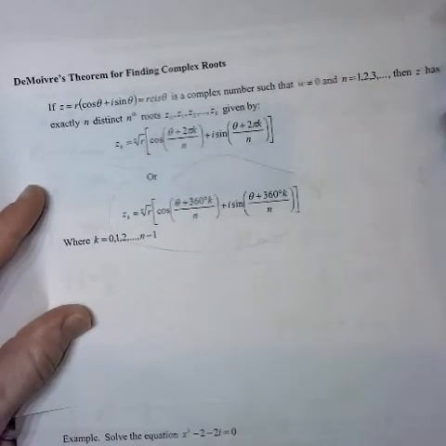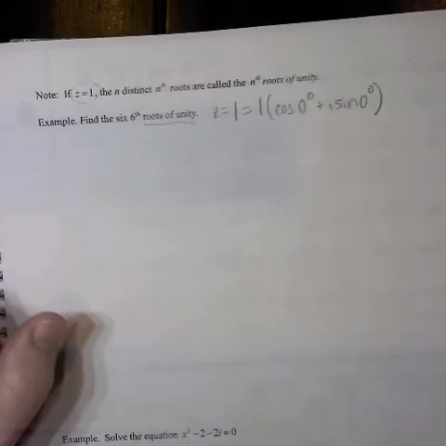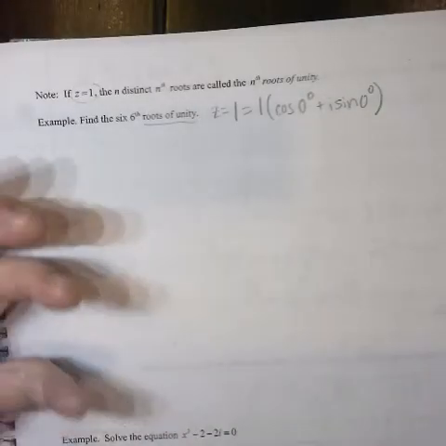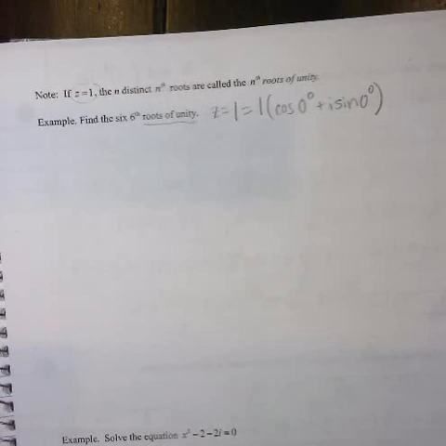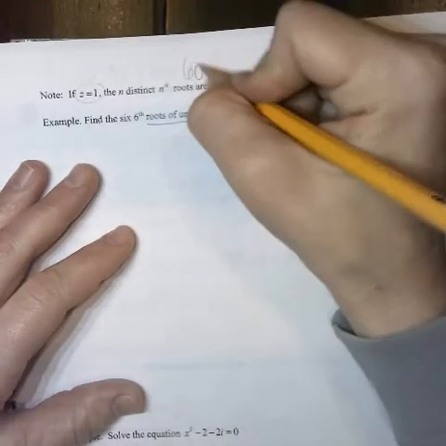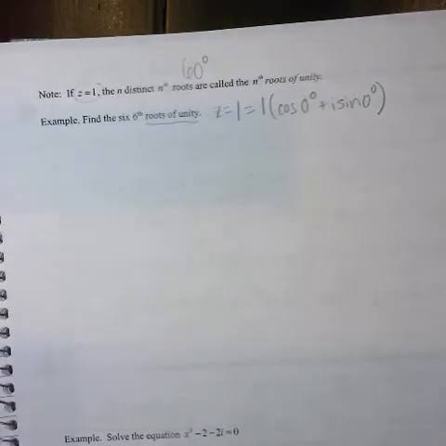But if you understand what we were talking about with the equally spaced roots, you take 360 degrees and divide by 6, the distance between all the roots will be 60 degrees. And so you just have to get the first argument, and then you can just keep adding 60 degrees to the subsequent arguments. And I'll show you that it works out.